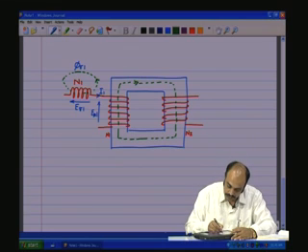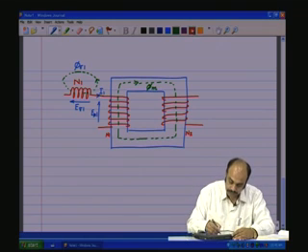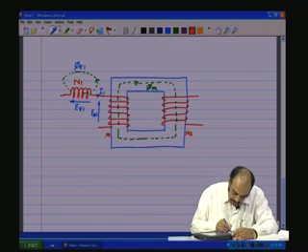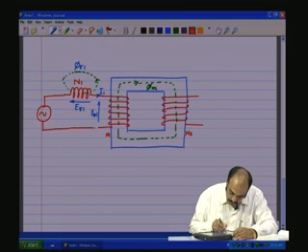This flux of course is called phi m, the mutual flux. If I complete the primary portion of the circuit, there is the generator here, which has an effective value of E g.